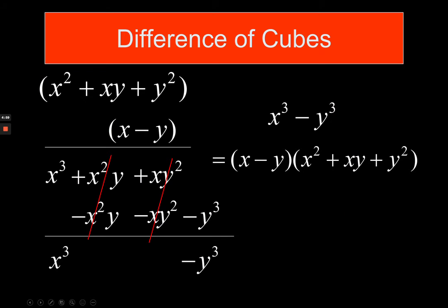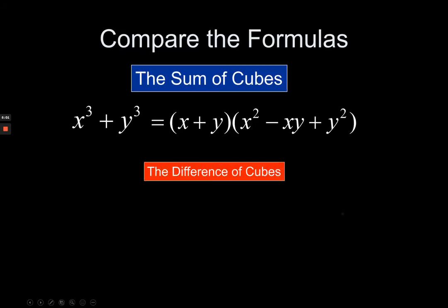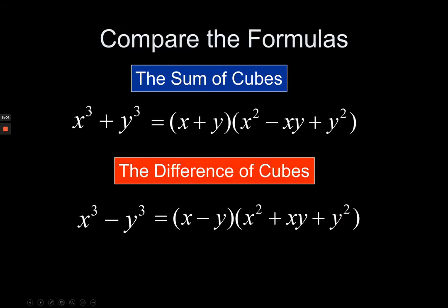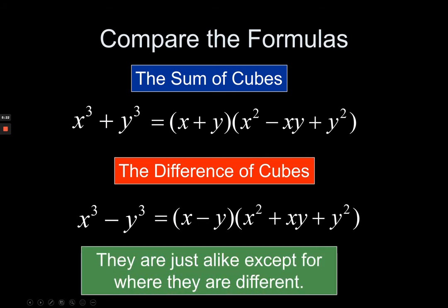Now, if we compare them together, this is the sum of two cubes and this is the difference of two cubes. What do you notice? If you have plus, you have minus, and where it's minus, it's plus. The last one is plus in both, because the square of any number is always positive. They are just alike except for where they are different: plus, minus, plus for the sum, and minus, plus, plus for the difference.